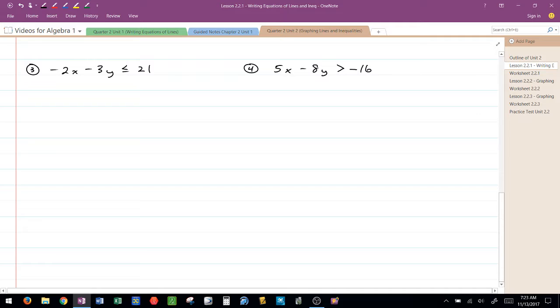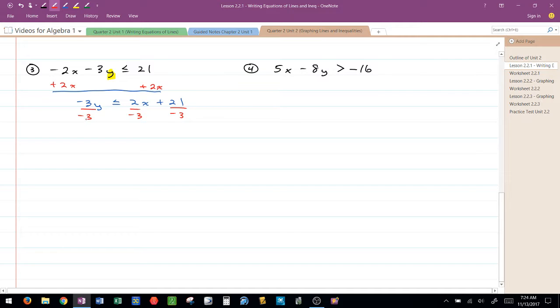Two more examples, and then I would like you to complete a worksheet. So here we go. Solve for y. I've got a negative 2x. I'm going to have to add it to move it across the inequality. I'm down to negative 3y is less than or equal to 2x plus 21. To solve for y, I have to divide everything by a negative 3.